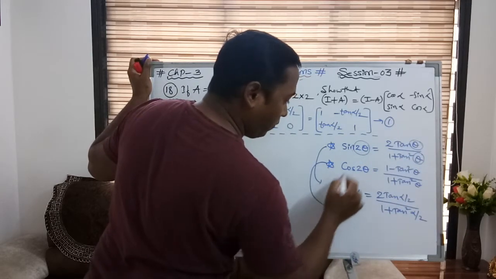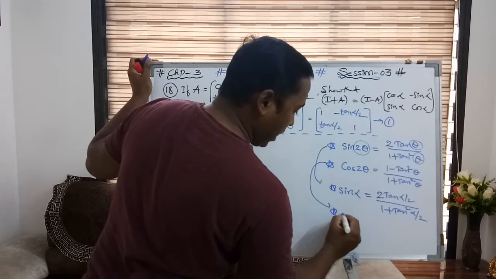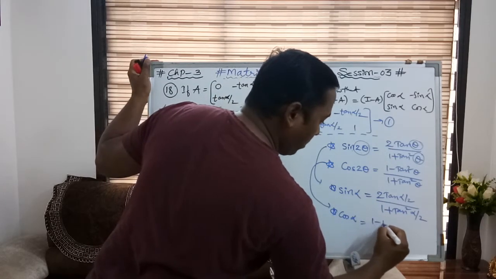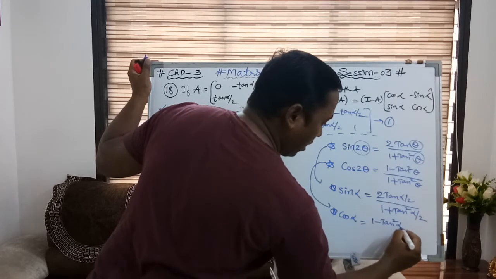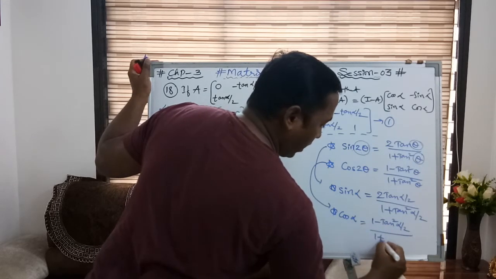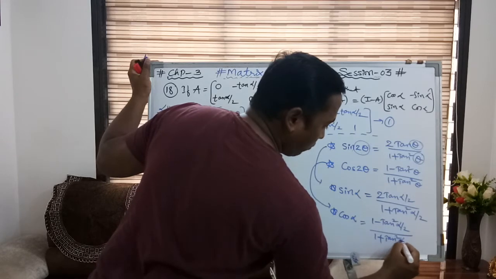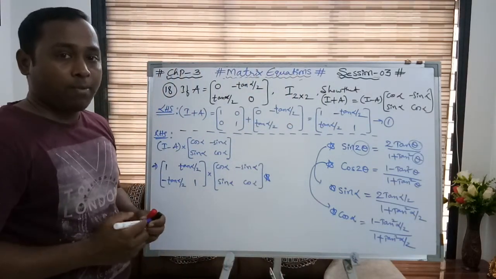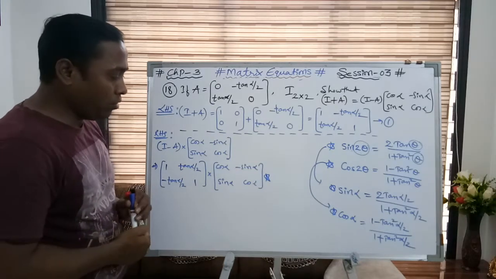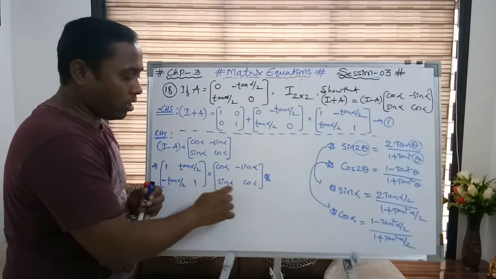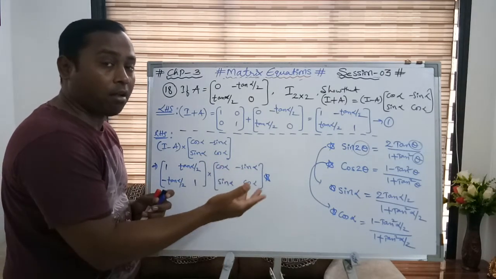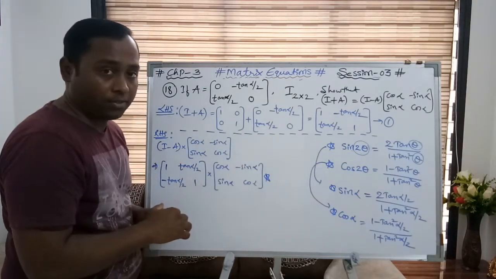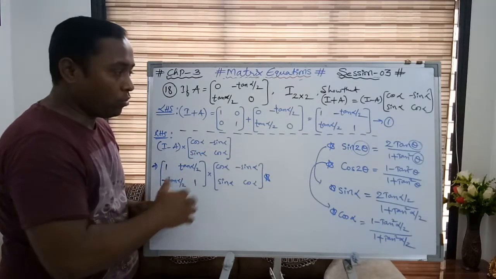Similarly with the help of cos 2 theta I can write cos alpha as 1 minus tan square alpha by 2 by 1 plus tan square alpha by 2. Have you understood what I am going to do here? I am going to change sin alpha cos alpha in terms of tan alpha by 2 with the help of these standard formulas.